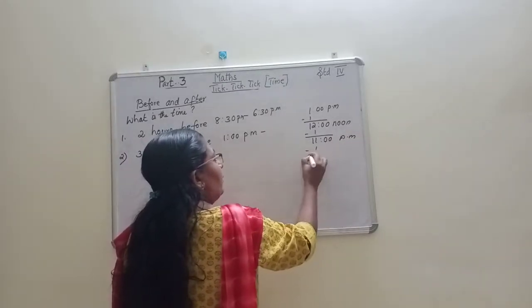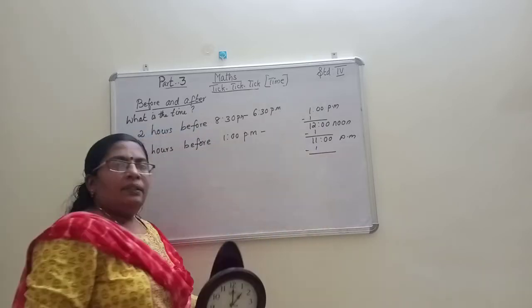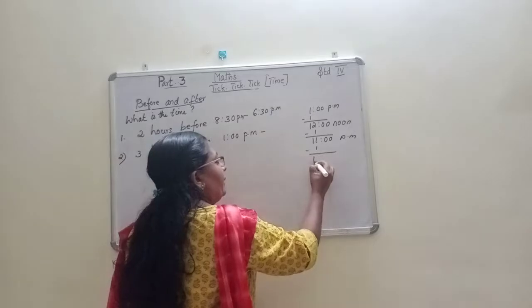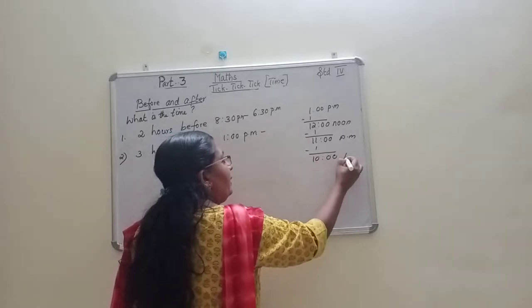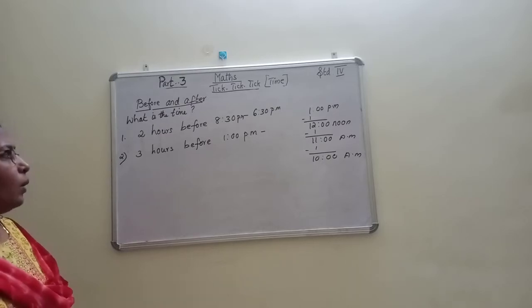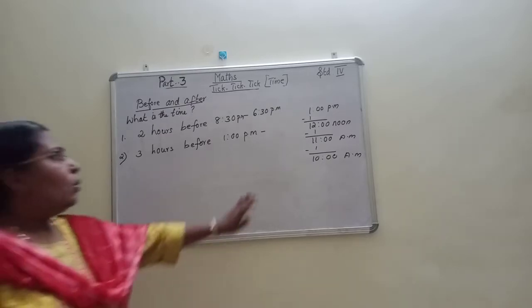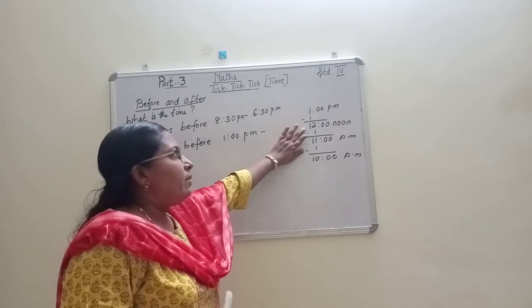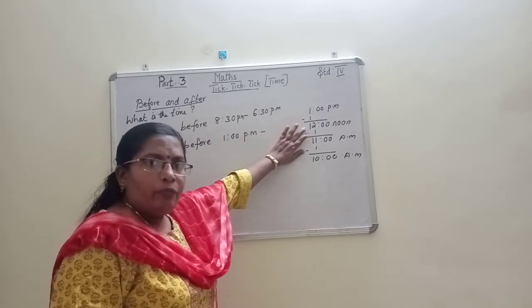Then again minus 1. Now it is 11 minus 1, 10. 10 AM. See here once again. 1 PM minus 1 shows 12 noon.